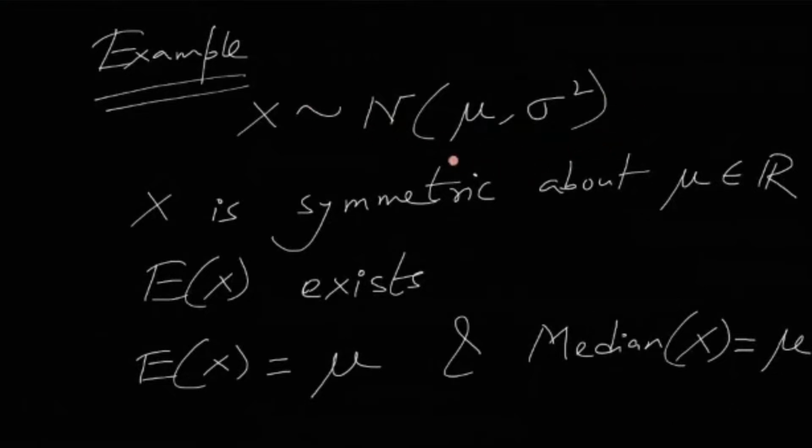X is symmetrical about the real number mu, and we know that expectation of x exists and it is mu, and the median is also mu. So from this example, we can get an idea about a symmetric random variable about some number. If the expectation exists, the expectation is also the center of symmetry, and the median is also the center of symmetry. So you can also take that, but that does not constitute a formal proof. Obviously, it's just for MCQ purposes.